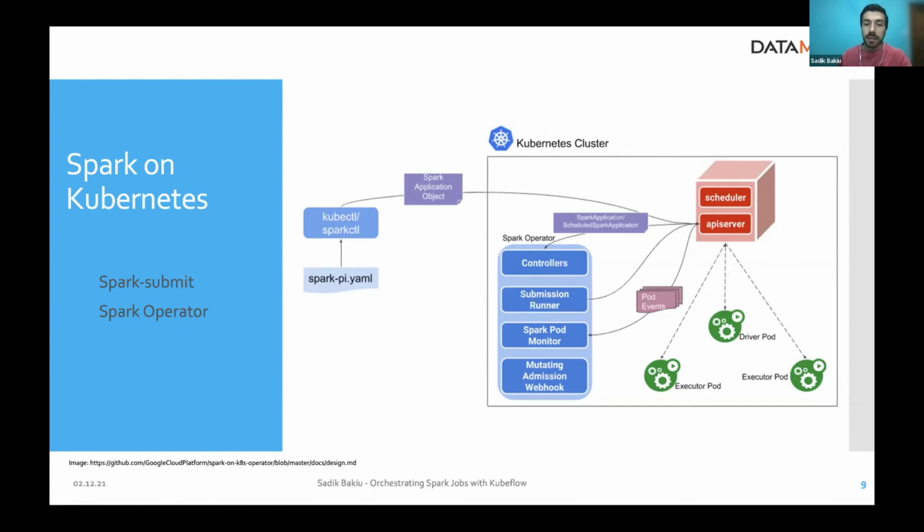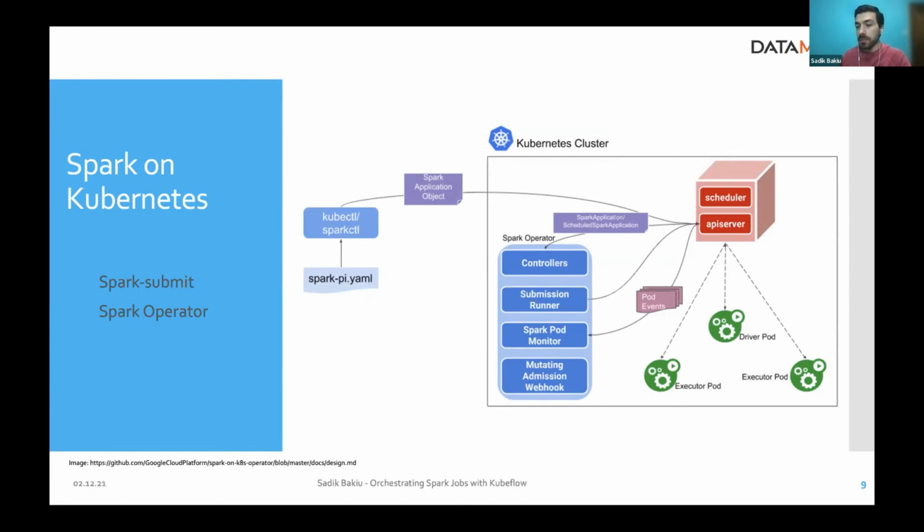Mainly, it means that you define a manifest file, usually a YAML file, and then apply a kubectl command that will tell the Kubernetes cluster, please execute my Spark job. Then, based on the custom resource definitions that are defined by the operator, Kubernetes knows how to execute the workload.